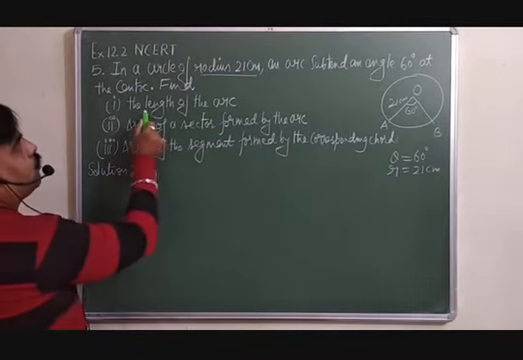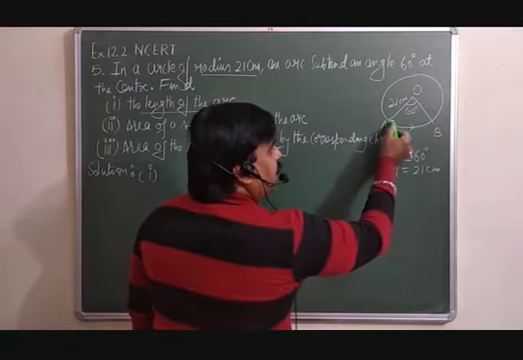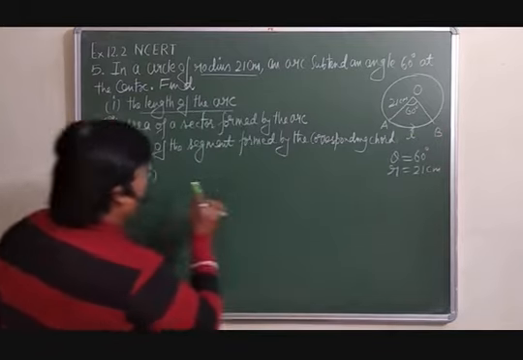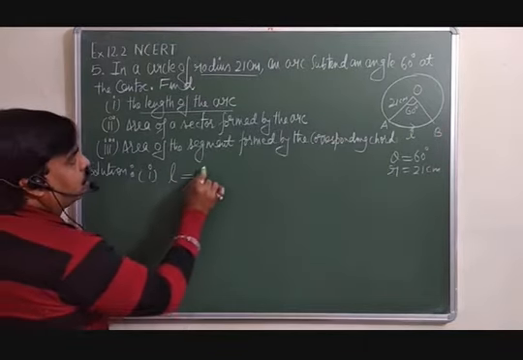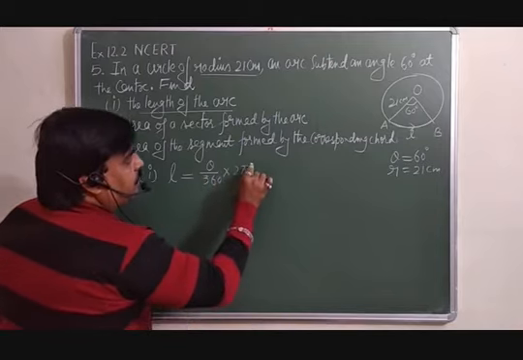We are supposed to calculate first the length of the arc. What do we need to find? This L. So the formula for the length of an arc is L is equal to theta over 360 into 2 pi r.